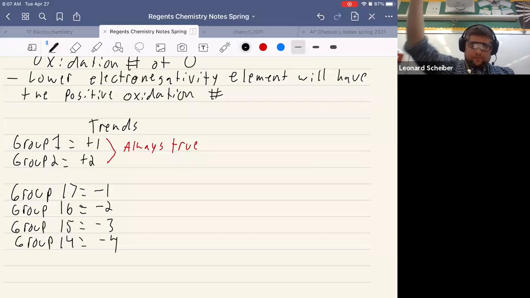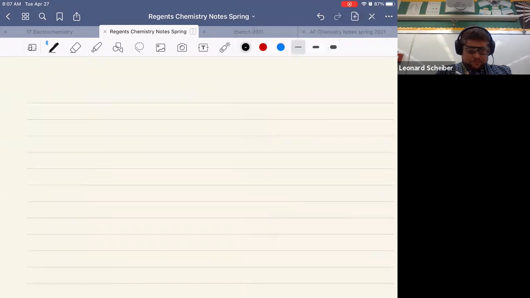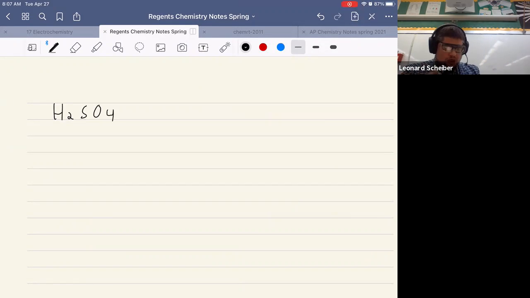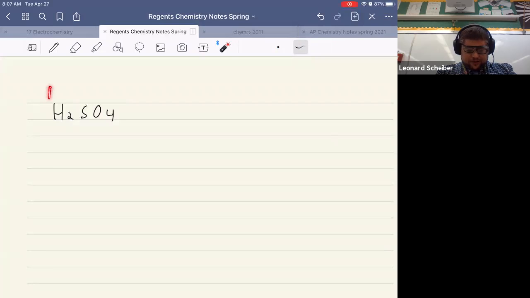So let's look at some examples. We can start with sulfuric acid. I want to find the oxidation state of each element here, and I know they all add up to neutral. So H is in group 1, it has the lowest oxidation state, so it's going to be +1. Now there are 2 of them, so I'm going to write +1 times 2.